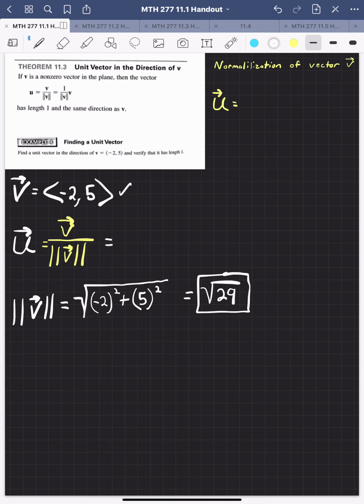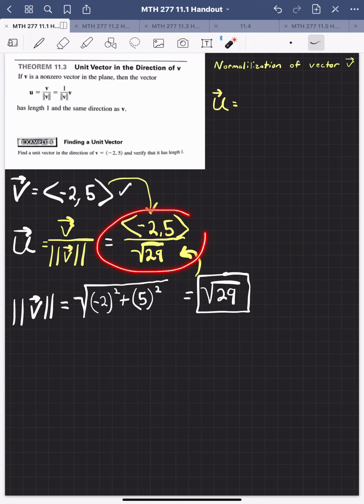All right, back to u. The magnitude goes here, the square root of 29, and v goes here, (-2, 5). The only thing left to do is this: although you got the right idea, this is pretty sloppy.